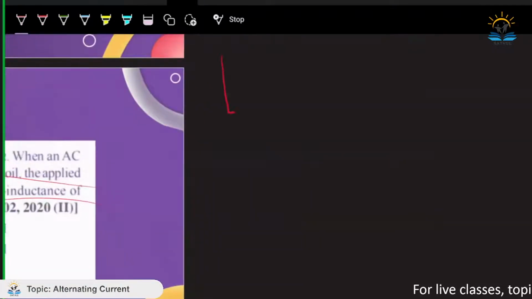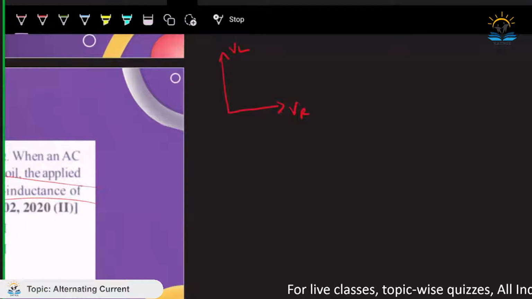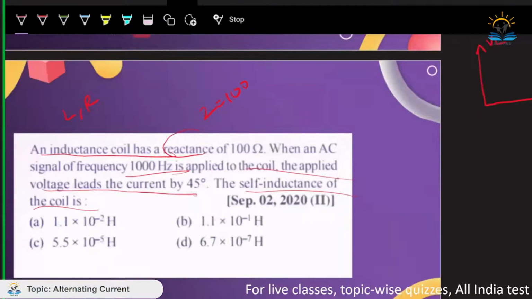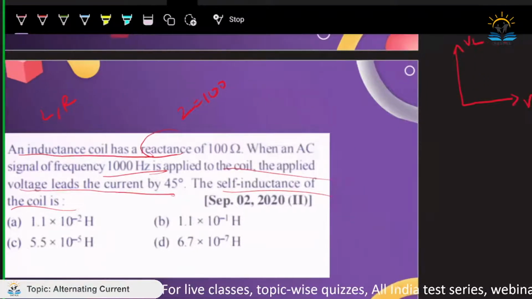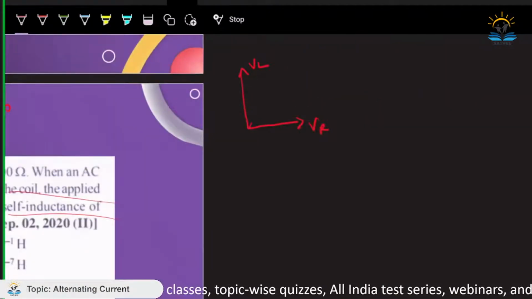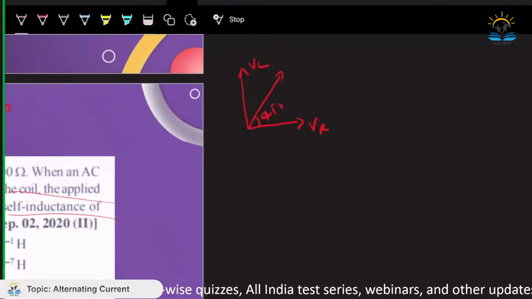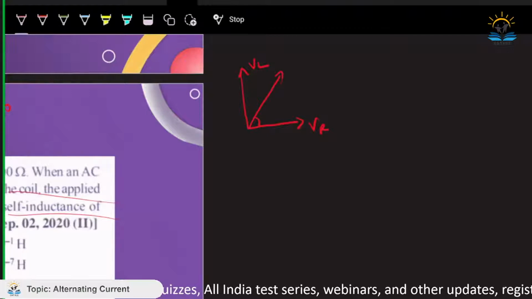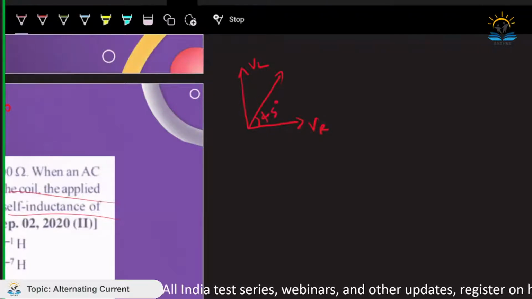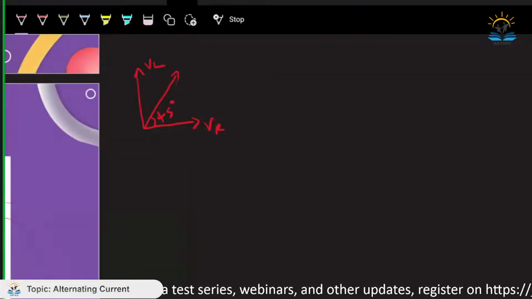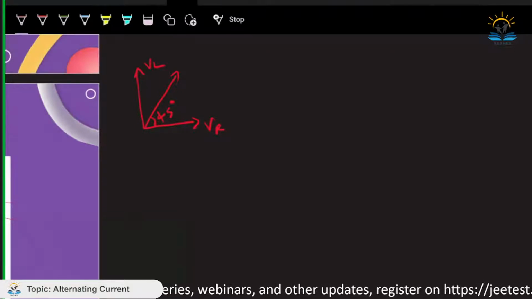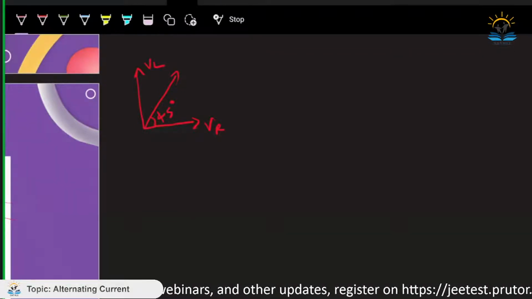By the phasor diagram, this is VR and this is VL, and the applied voltage leads the current by 45 degrees, that is the V net making a 45 degree angle. So tan 45 will be VL by VR, that is VL by VR equal to 1, so VL equals VR.